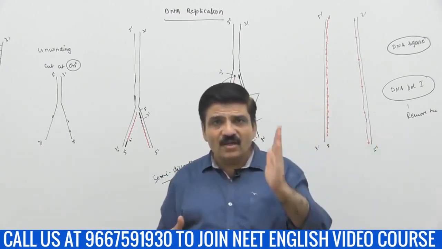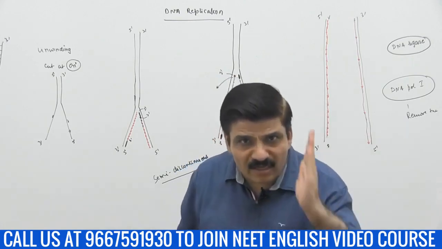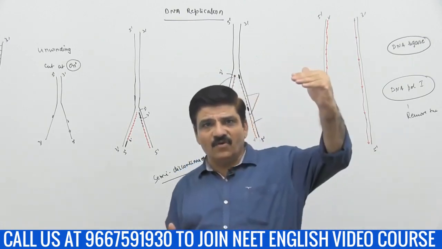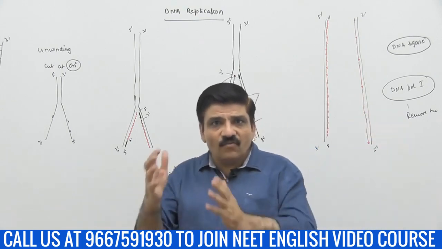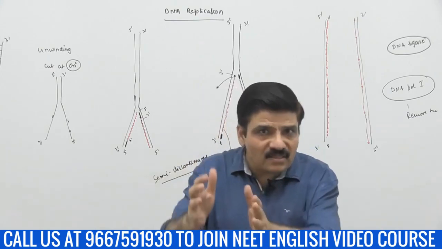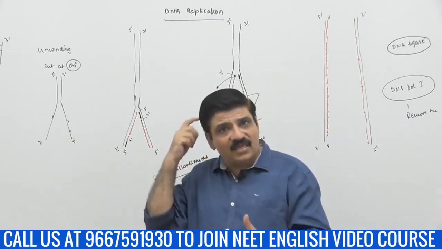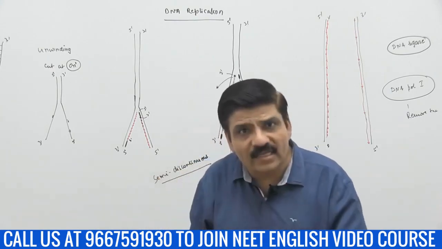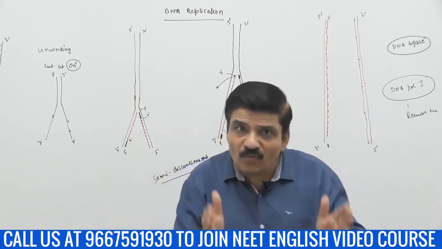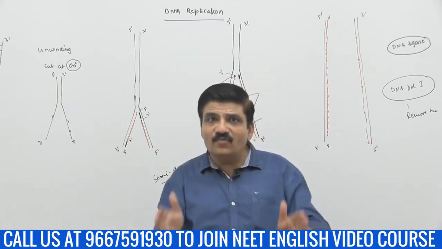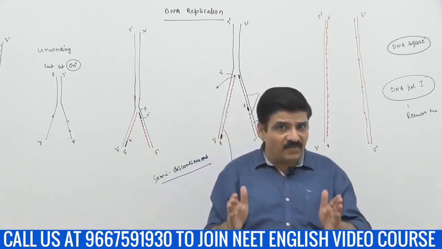One of the strands would be replicated continuously towards the replication fork and would be called the leading strand. The other strand would be replicated discontinuously away from the replication fork and would be called the lagging strand. And if required, there would be proofreading because of 3' to 5' exonuclease activity.